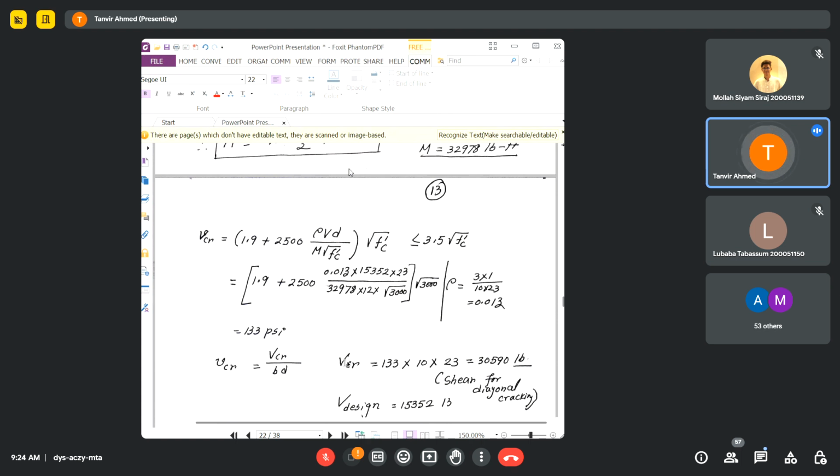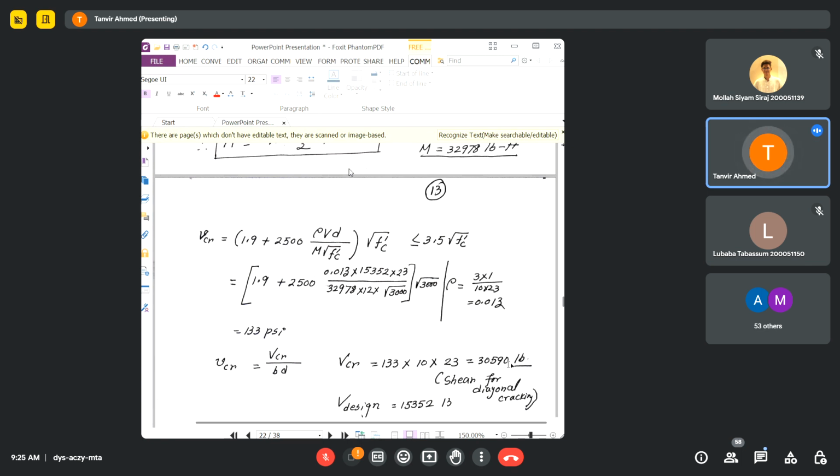We got the shear force from shear stress, and obviously if it is greater than the design shear force, the concrete will be able to take the shear force alone without the help of the shear reinforcement.